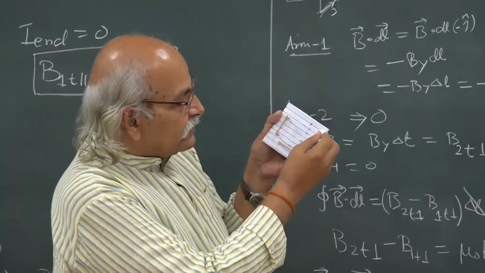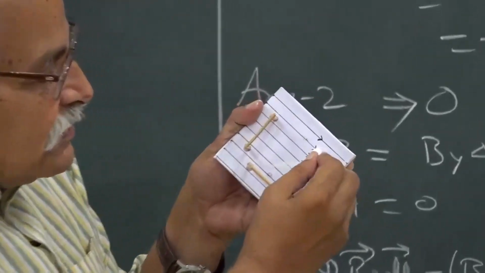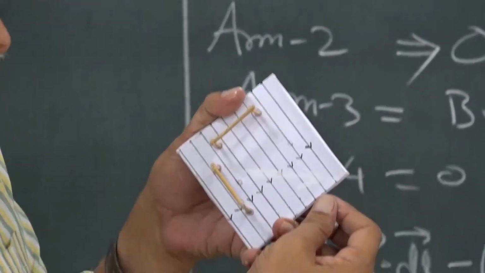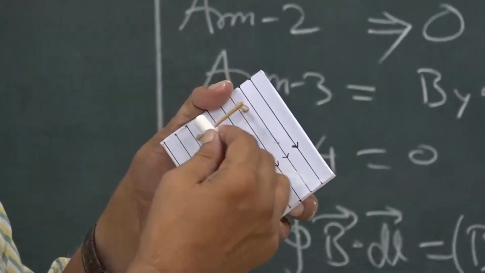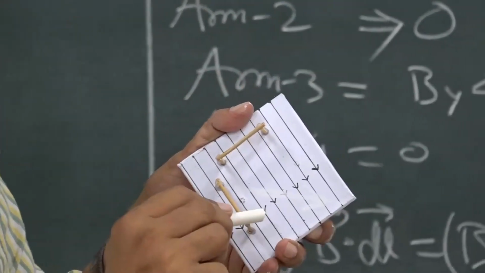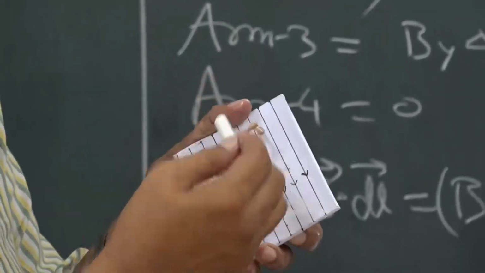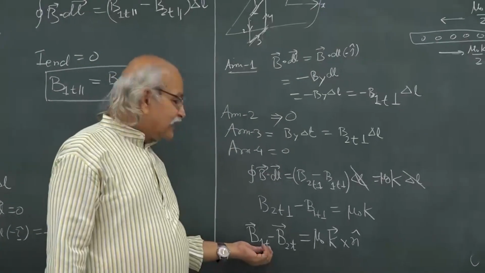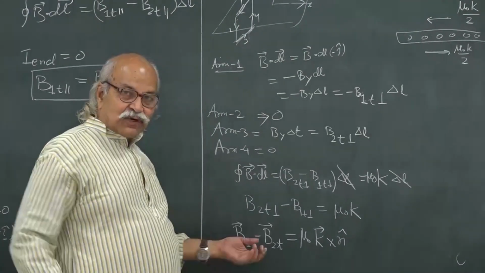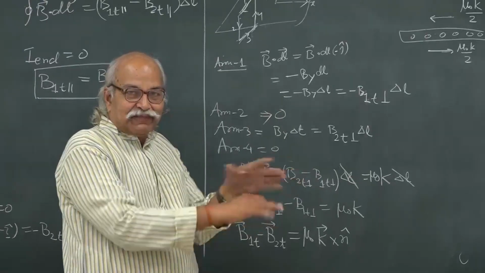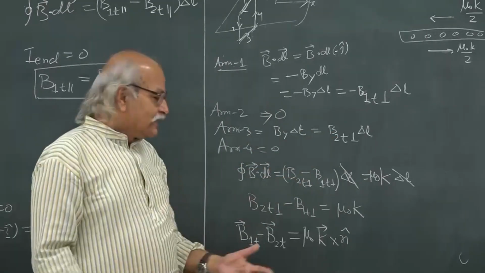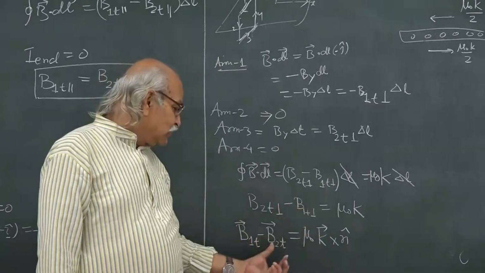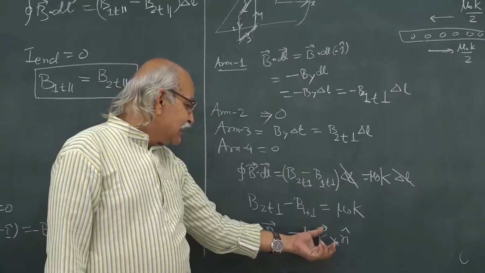Suppose I take this line, this component. How much is this component changing from this side to that side? It is the same as the change in this component, because here the change is 0. So the net change is coming only from here. So even if you do not write perpendicular and parallel and you just write the tangential component, whatever tangent you wish to take, parallel to the surface, in any direction, this difference will be the same as this difference, and this you can write as mu naught K cross n.